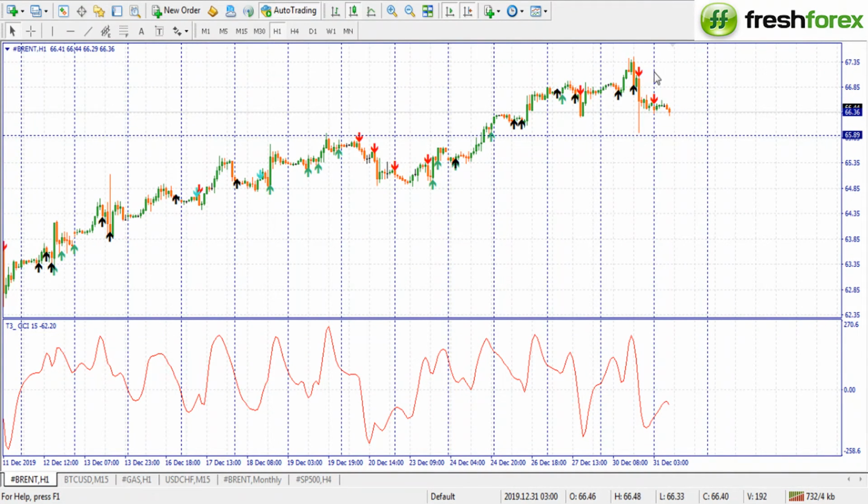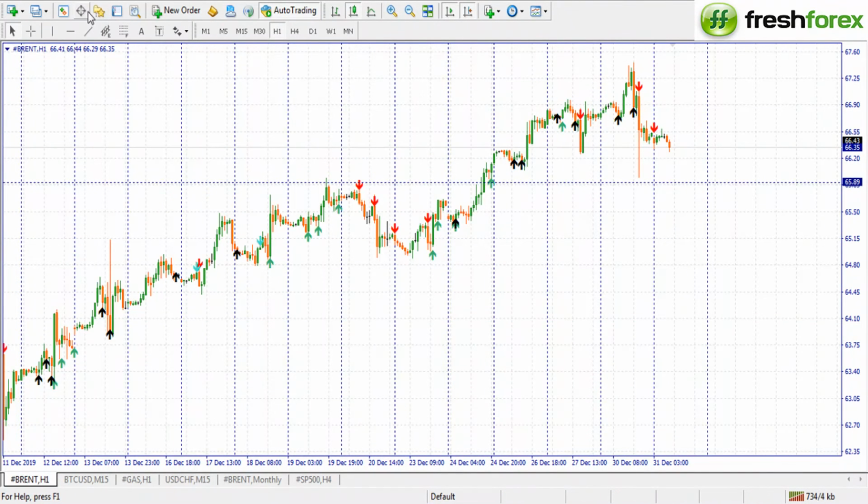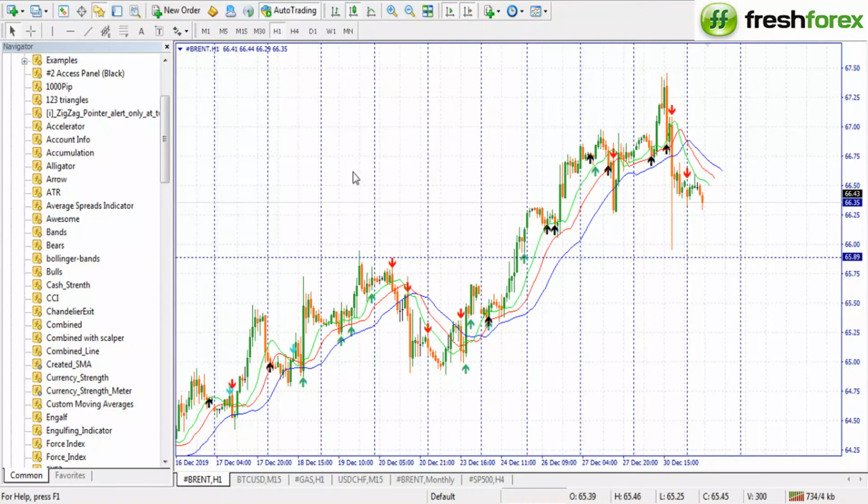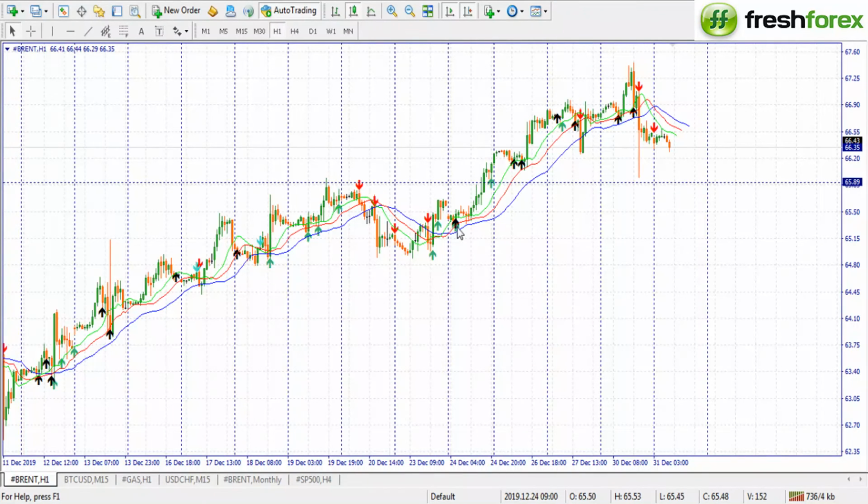As you can see, the price is moving to the lower side. I'm going to add an indicator, the alligator trend indicator, first. We have this. Consider that the trend has just changed to the lower side. So we have this here, and then there's a break to the lower side. Then we have this one for a sell.